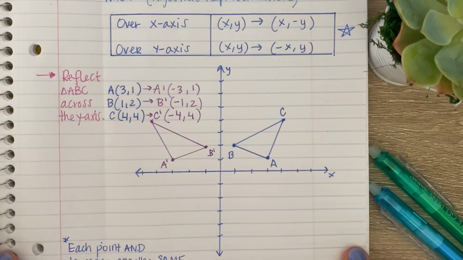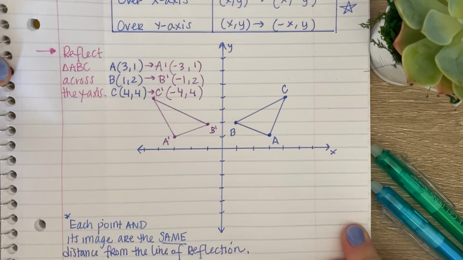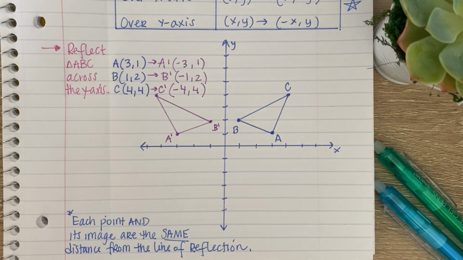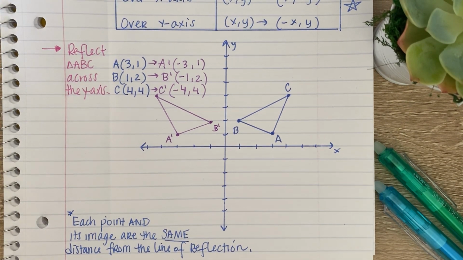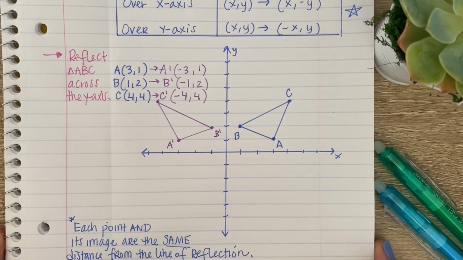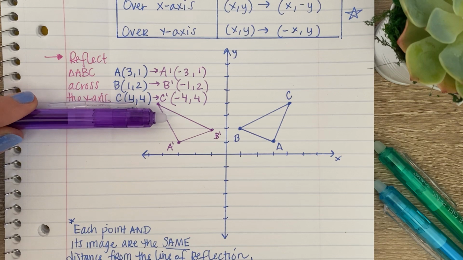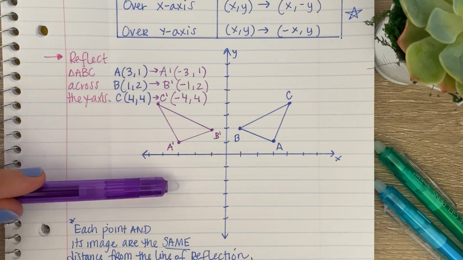Okay. Now, I want you to remember that each point and its image are the same distance from the line of reflection. So let's go ahead and actually reflect triangle A'B'C' across the x-axis this time. Okay, so we're going to go ahead and take our A'B'C' and reflect it across the x-axis.